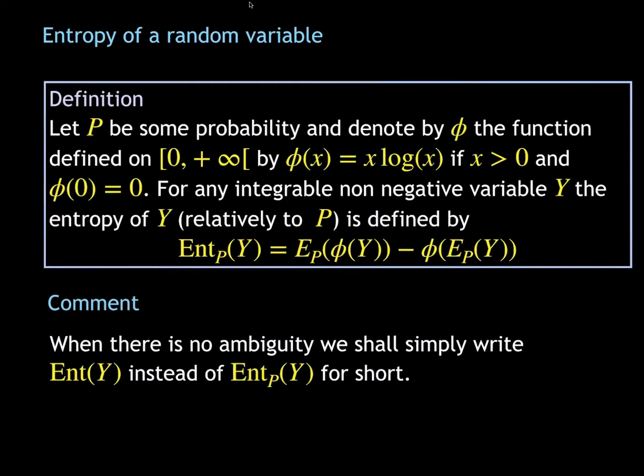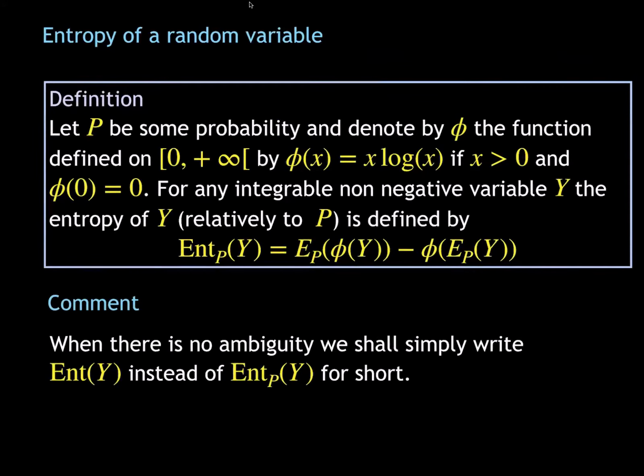So now, if you consider a probability distribution which is absolutely continuous with respect to P, the general way of defining the relative entropy is just to consider the entropy of the Radon-Nikodym derivative of Q with respect to P. Okay?